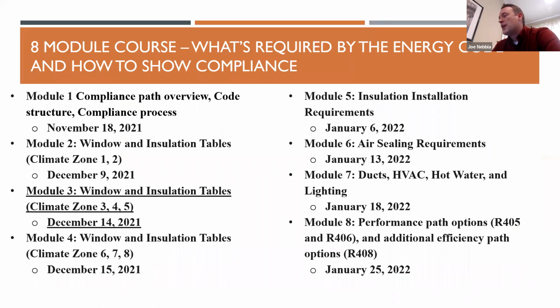They'll be coming up in January: insulation, installation, air sealing, ducts, heating and cooling, hot water and lighting. And then finally, we'll do a module on the different performance paths and how they work, and also the additional efficiency packages in Section 405 in the new 2021 IECC code.